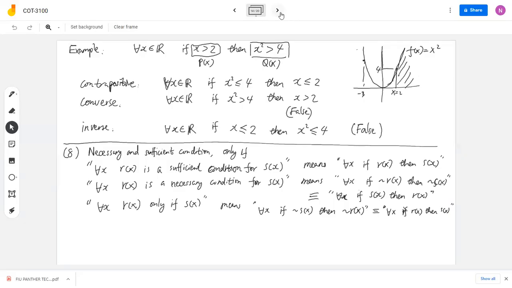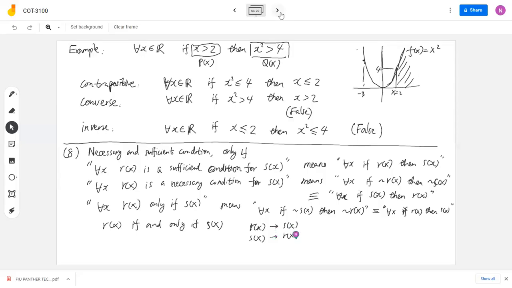And therefore, we say that Rx if and only if Sx, which means Rx only if Sx, that is Rx implies Sx, and Rx if Sx, that is Sx implies Rx.